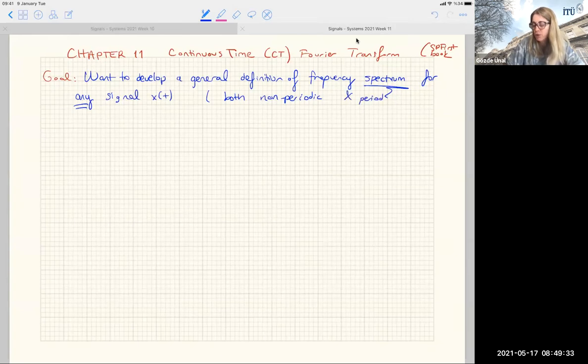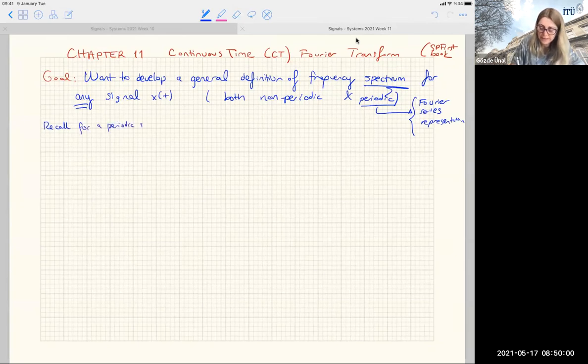For periodic signals, we already are experts on Fourier series representation, right? Now, the derivation follows from Fourier series representation. Our textbook has a very nice derivation. Let's quickly do that. It starts with a periodic signal. Take any periodic signal x tilde of t.